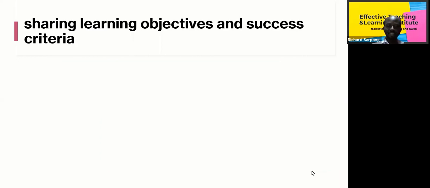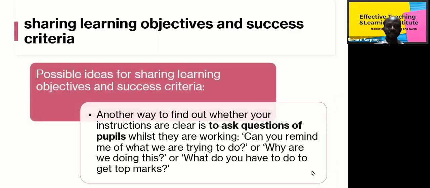Another way is also using questioning. So not only at the beginning, but also throughout the lesson, while students are working on tasks, whilst you are even teaching, you have to pause to check for understanding of what you are teaching and of the learning intention.